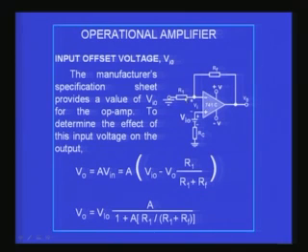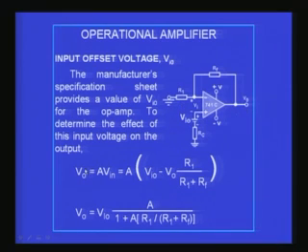That VIO, I assume, is like a battery connected at the input corresponding to the plus terminal. So, with this circuit, we can calculate the output voltage.